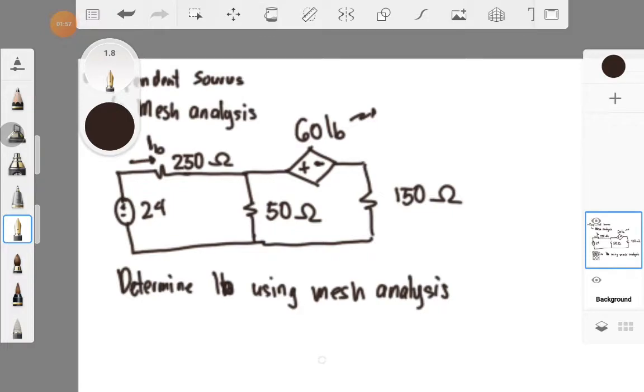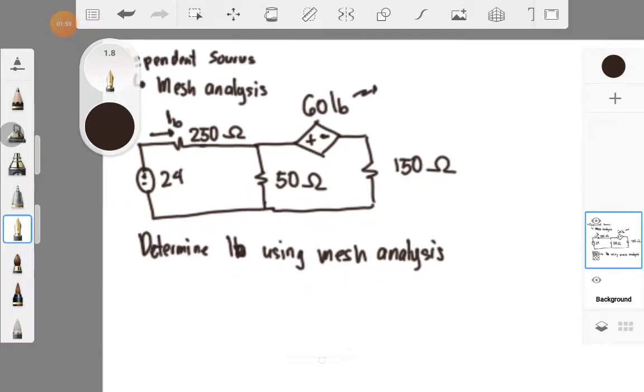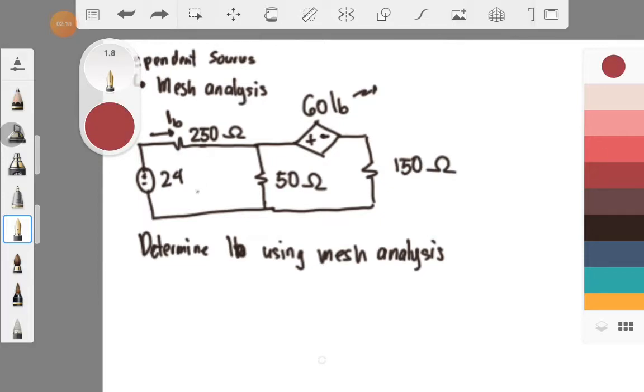Take note that our first step in solving for your mesh analysis is to create our loops. So this will be my loop 1 and this will be my loop 2. Okay, I will change the color so that it will be identified better. So this will be my I1 and this will be my I2. As you can see, I have already identified the loop direction, or the current direction of the loop.